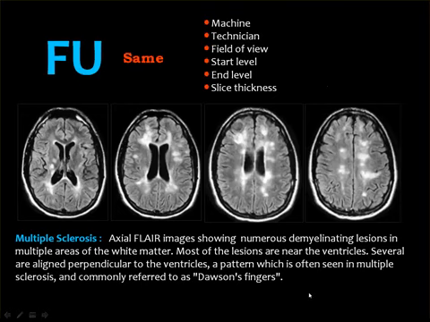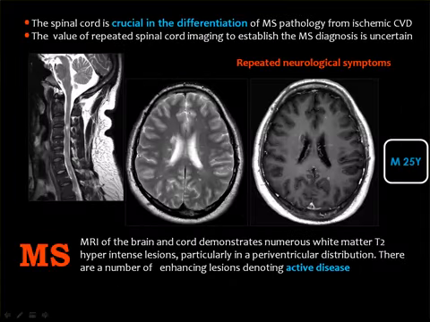I think it's impossible in Egypt, at least. Then if you got these similar criteria, you can put the 2 examinations on the computer, then the software will start the comparison, and the result will be no change, regression, progression, and so on.